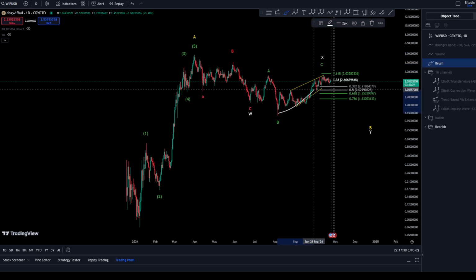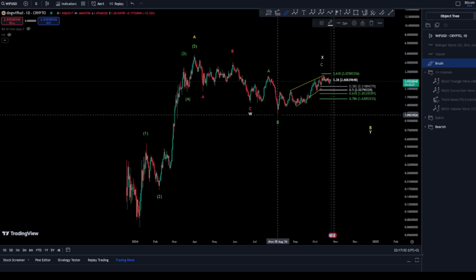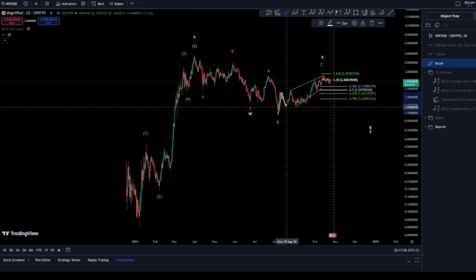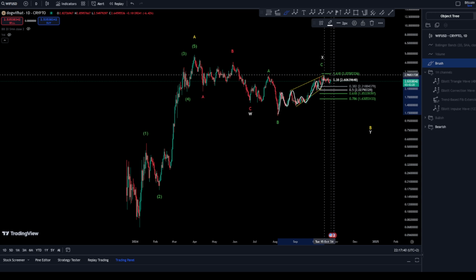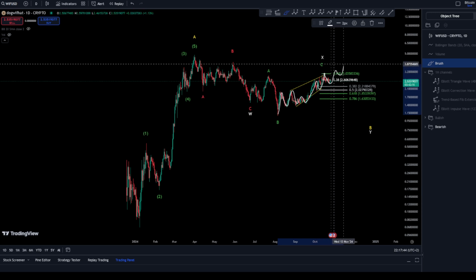However, if that is part of an expanding flat, then you are possibly looking here at a 1, 2, 1, 2, and then another 1, 2, 3, 4, and a 5, finishing your wave 3 here, and you are still looking for 4, 5, and 4, 5 towards the upside.